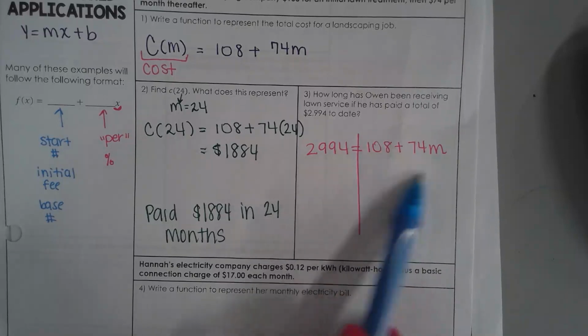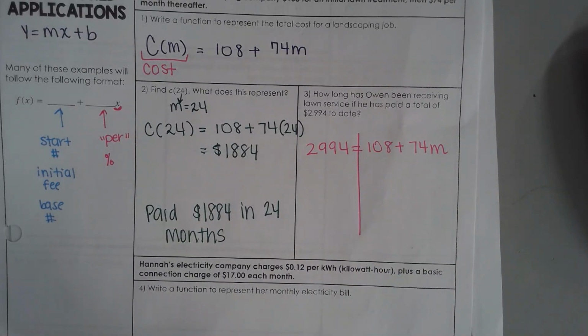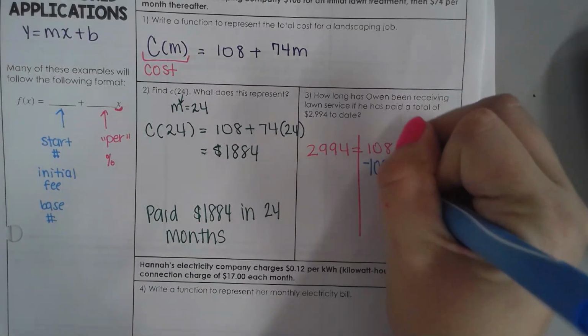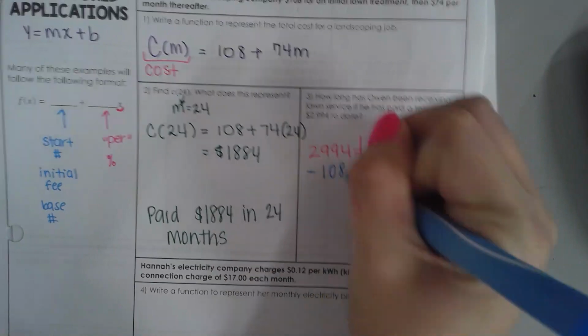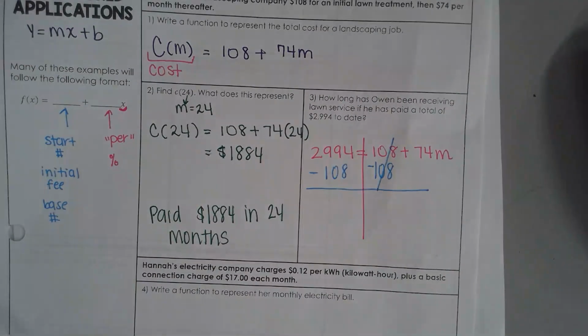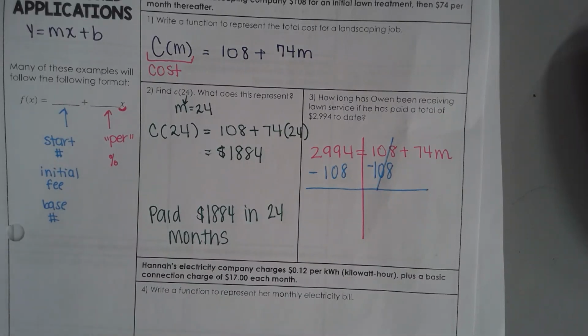So minus 108. The number that's by itself, you always add or subtract that first. So type that into your calculator.